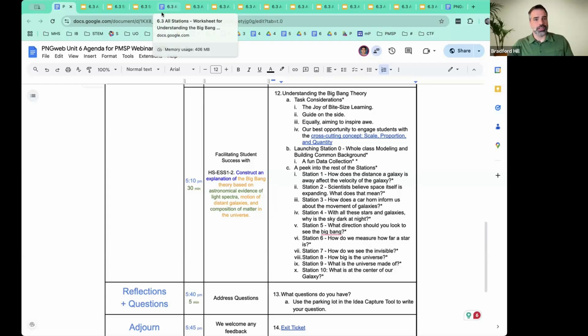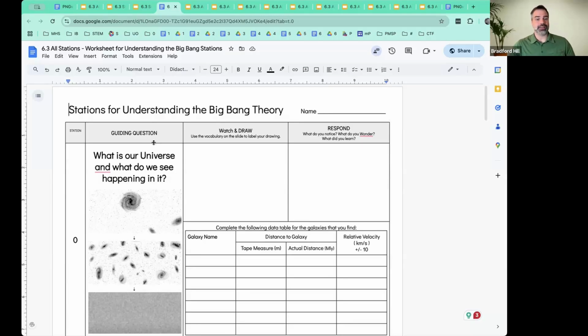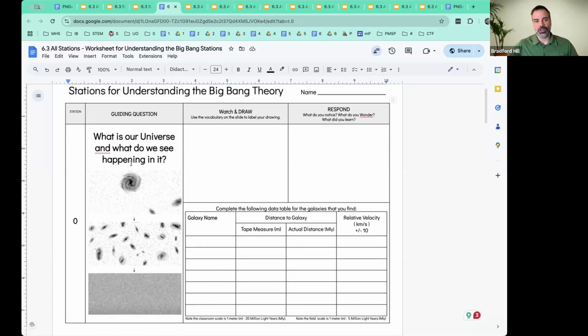It's going to go more than what we need. They have a paper-based packet for these stations, just like the other stations, to be clear. Here's the guiding question: what is our universe and what do we see happening?